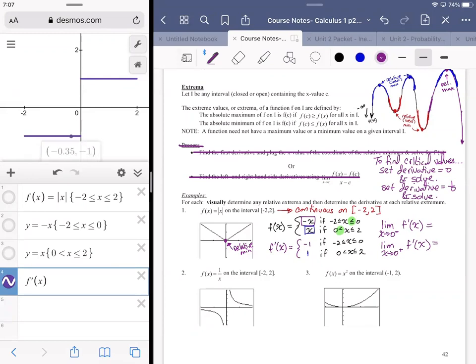From the left, my limit is approaching, I mean, it's not really approaching anything, it's already there. But it would have a value of -1. From the right, again, it's not approaching anything, it already has a value. If it ever got to this location, that would be great. It doesn't, but that location that it's aiming for has a y value of +1. So these two limits are not equal to one another.